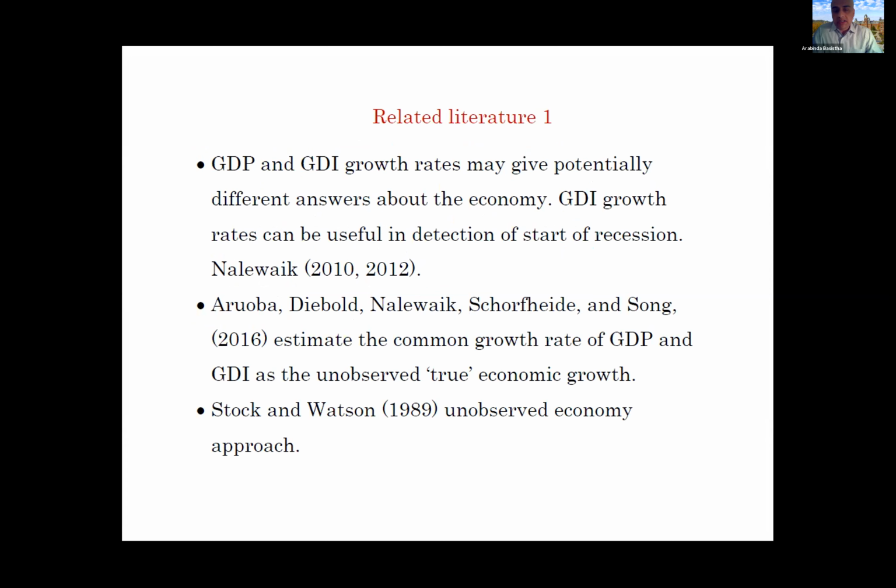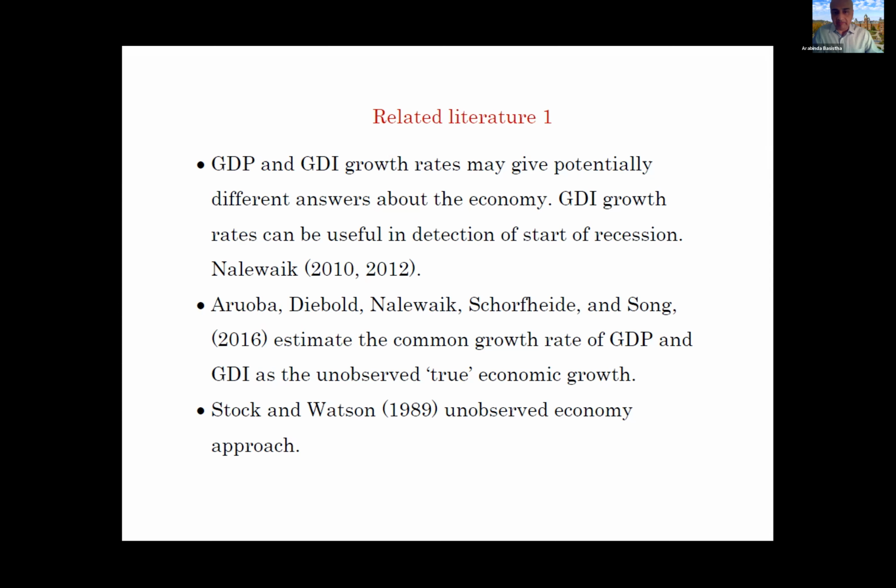This builds on a sequence of papers by Nalewaik, who argued in a Brookings paper and I think a JMCB paper that GDI growth rates are quite useful in identifying the start of a recession, especially the 2008 recession. Then Aruoba et al., this is actually the key paper that I build on, a Journal of Econometrics paper, argues that both GDP and GDI growth rates are essentially noisy indicators of what is going on in the economy.